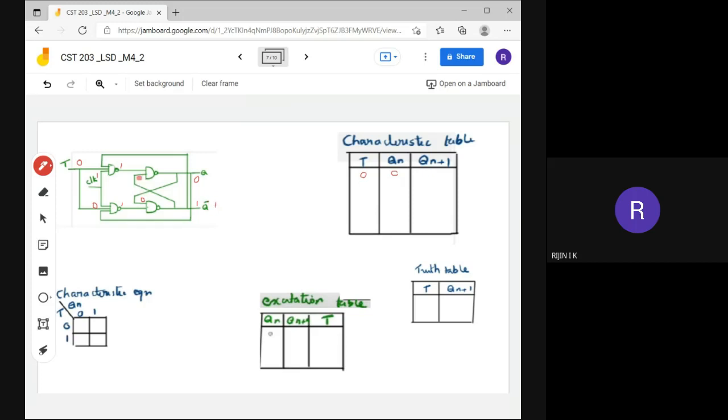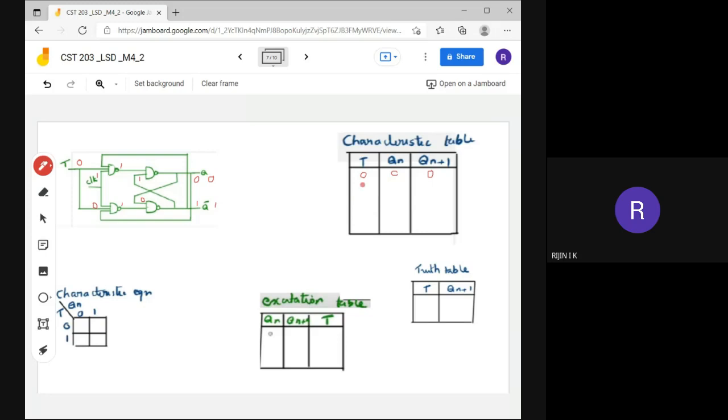That will be fed back to here, and here it is 1, 1. If both the inputs are 1 in a NAND gate, the output will be 0. So Qn plus 1 is 0. The next state is 0.